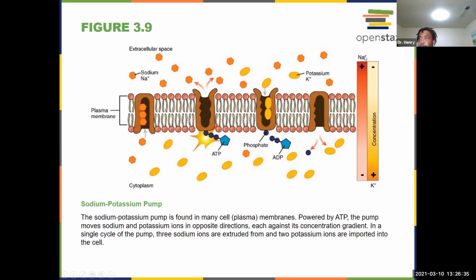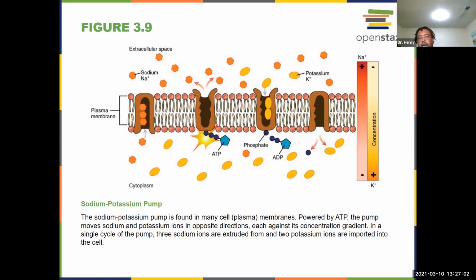In the case of potassium, potassium is low concentration on the outside and high concentration on the inside. So potassium will bind into the same channel. And then when ADP is released, it'll actually let in the potassium.